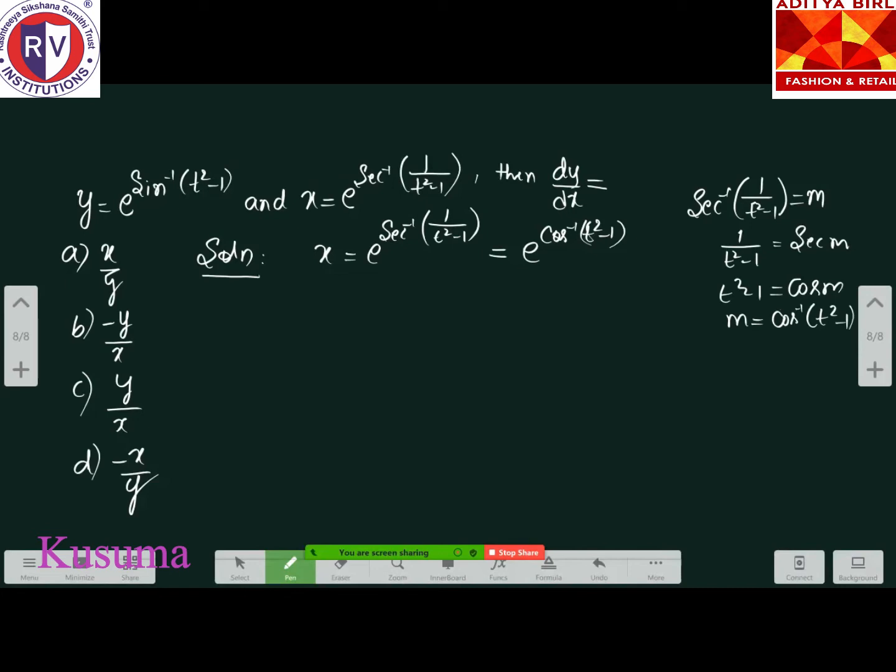Ma'am, secant inverse x equals cos inverse x, no, ma'am?